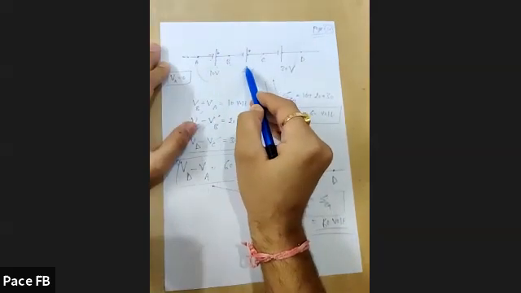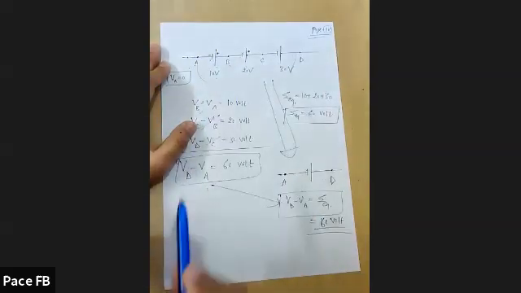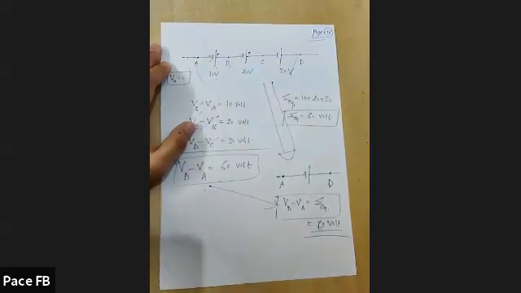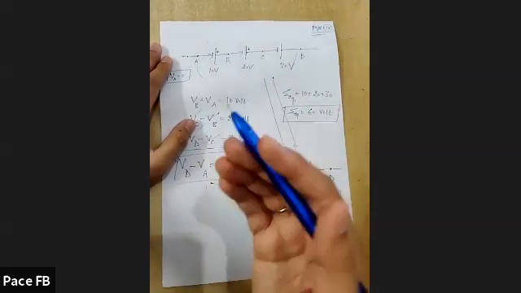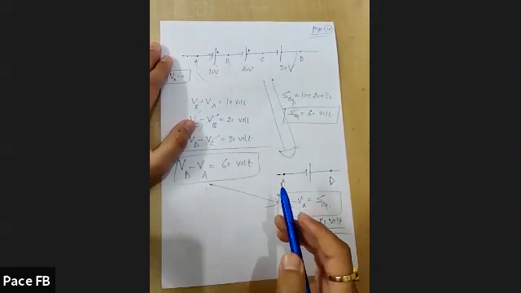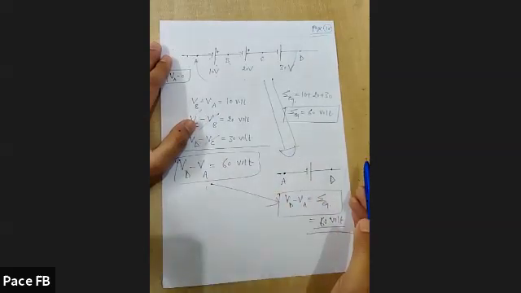Now the second cell is connected with the third one, positive is connected with negative. So when opposite polarity terminals of two different cells are connected with each other, it means they are supporting each other. And if they are supporting each other, how will you find the equivalent EMF of the circuit? By simply adding them.